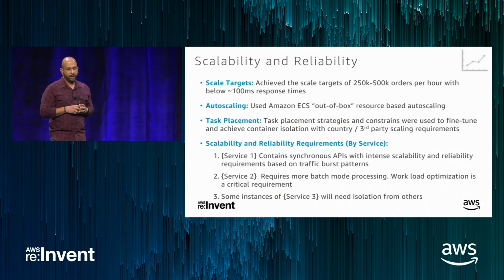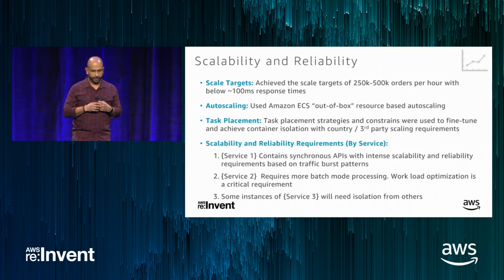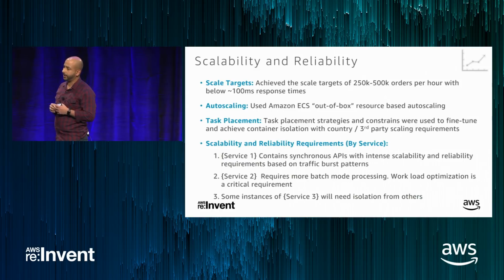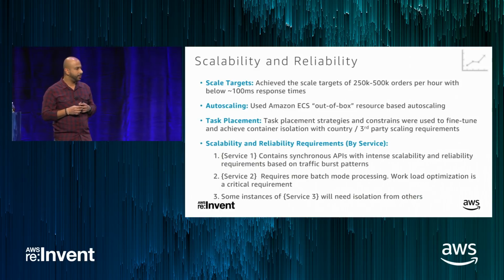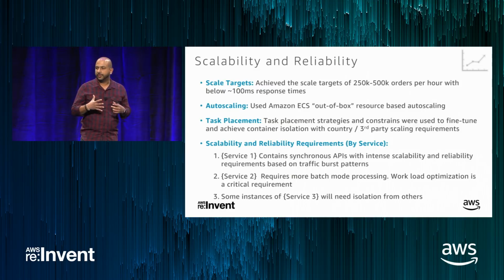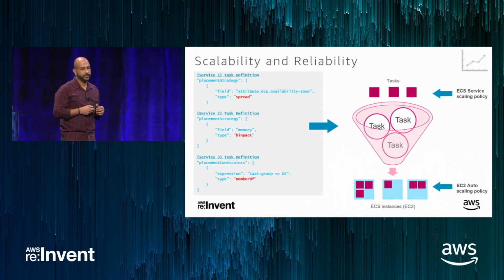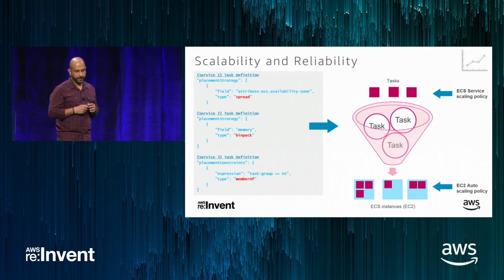The second service is just a batch processing mode, but we need to optimize the load on the cluster. The third service, which I was talking about earlier, requires some kind of isolation from the other containers. Let's see how we use these placement strategies and constraints to achieve this.